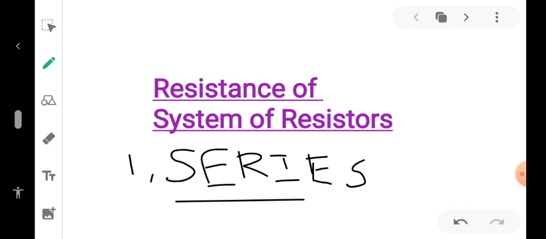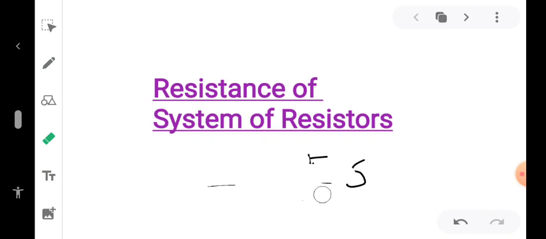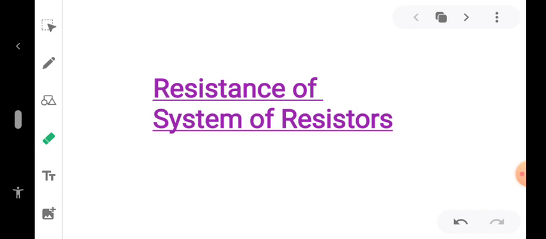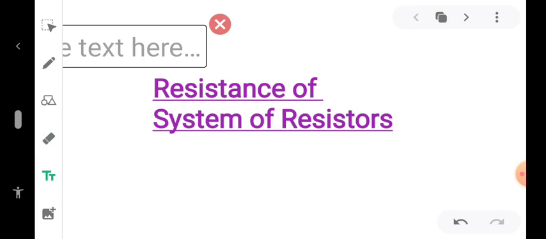Series connection. Already in the previous class I talked about series connection.